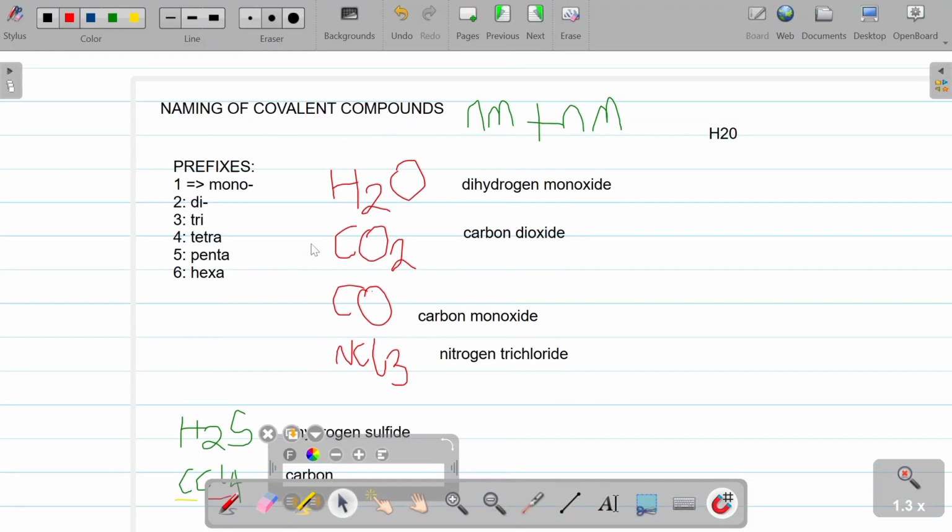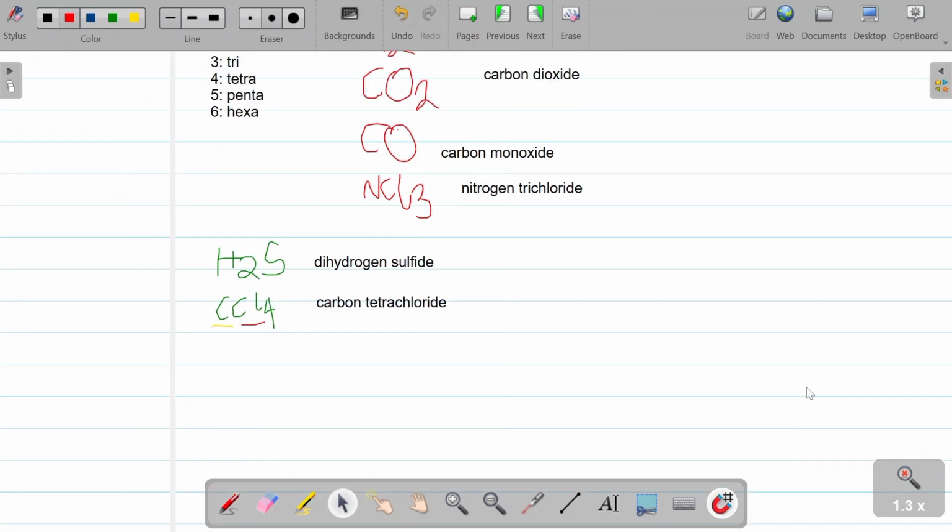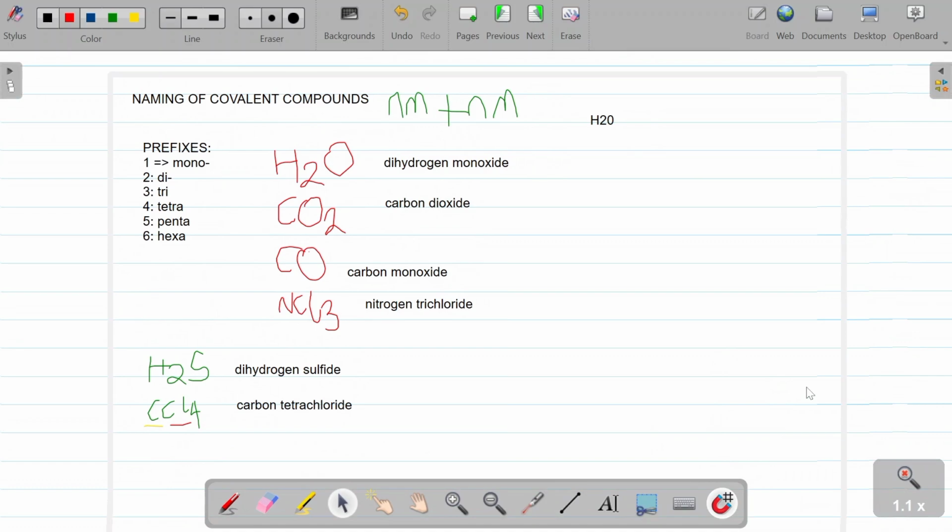Now remember, the prefix that represents four is tetra. So carbon tetra, because we have four atoms of chlorine. Tetrachloride. Carbon tetrachloride. So that's basically how we name covalent compounds. Nothing too difficult.